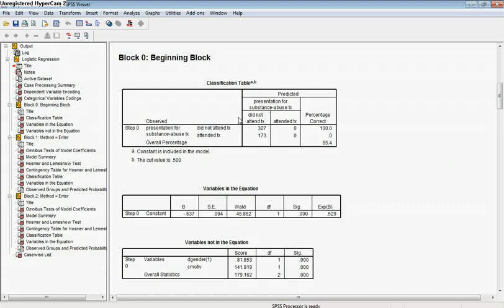What we have here in the classification table, first of all, is our observed versus predicted values, and using just the constant and based on the overall sway of our data, the model was just guessing that everyone did not attend treatment, and it was right 65.4% of the time. So we want to see how our model can increase this correct percentage and differentiate between these two sides of the coin, basically. So how much our model can add to that.